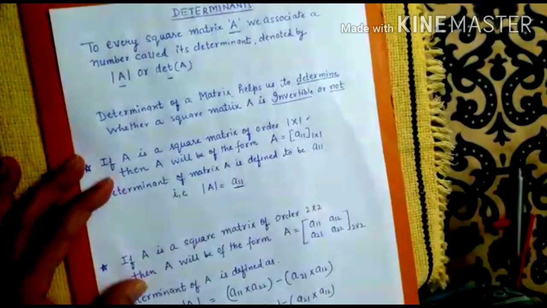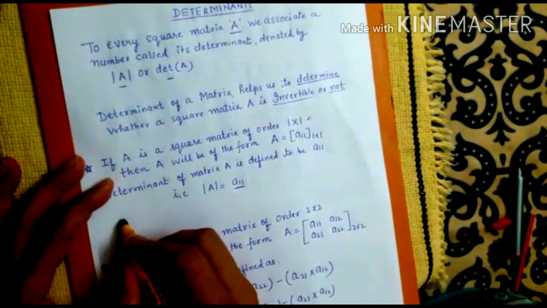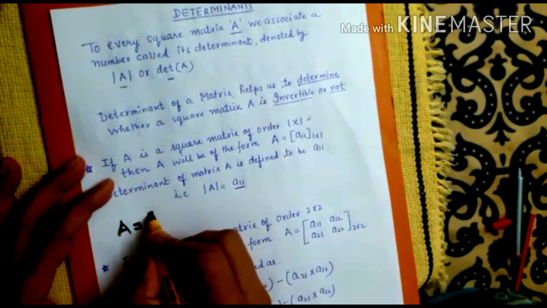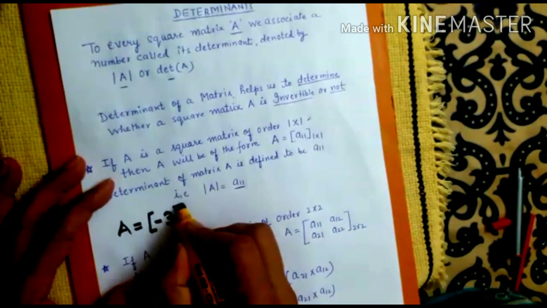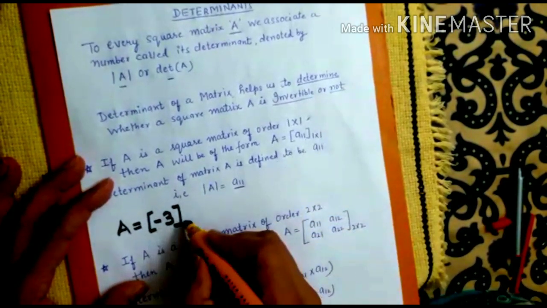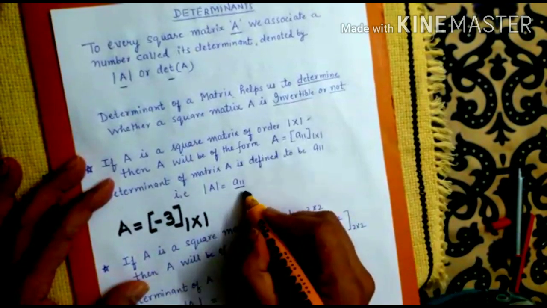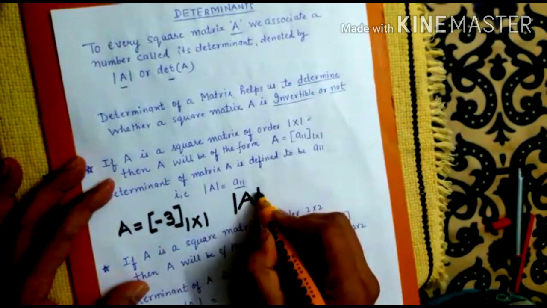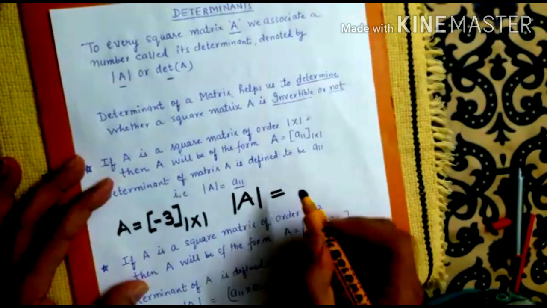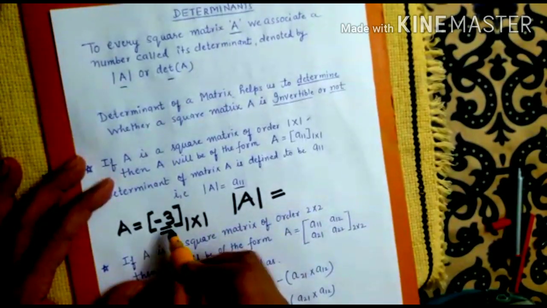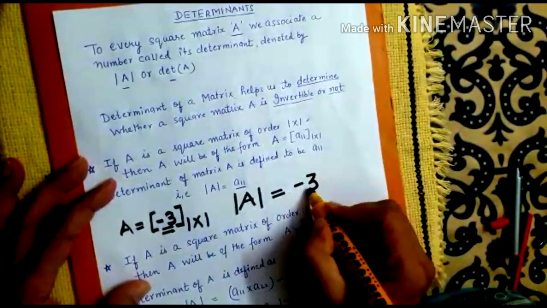For example, if I have a matrix A equal to minus 3, you can see the order of the matrix is 1 by 1. So in this case, determinant of the matrix A will be the element present in the matrix, that is minus 3.